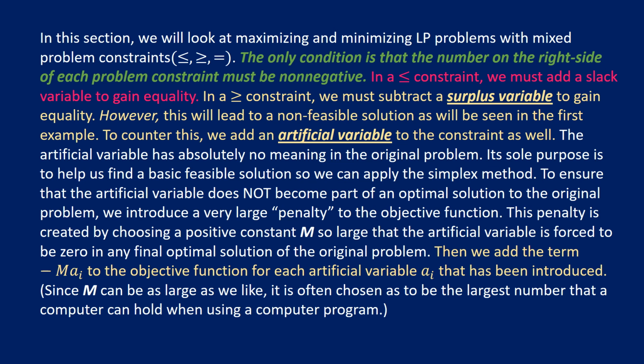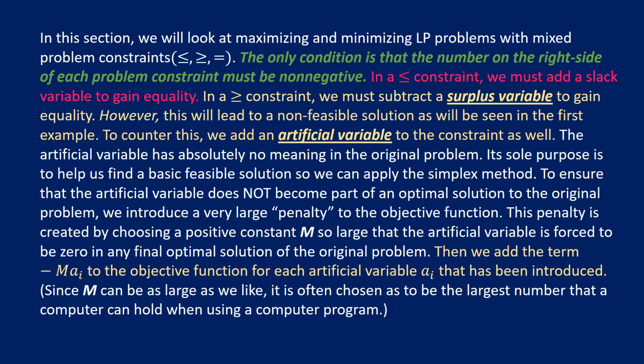To ensure that the artificial variable does not become a part of the optimal solution to the original problem, we introduce a very large penalty to the objective. So we create this penalty by choosing a positive constant M so large that the artificial variable is forced to be 0 in any final optimal solution of the original problem.